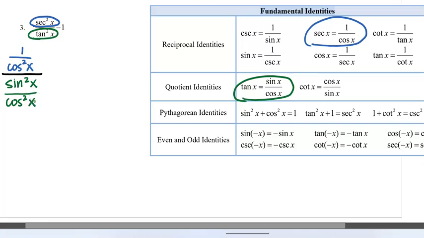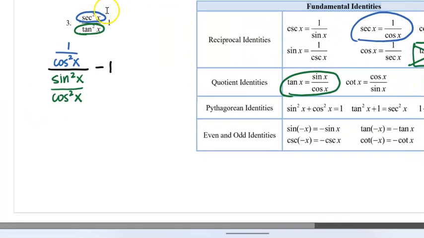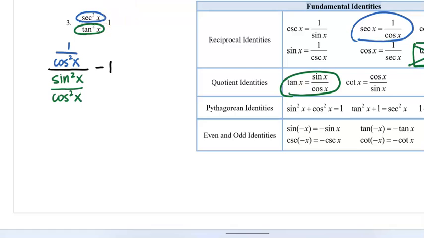And again, remember, for the tan squared, I don't want to use the fact that tangent is 1 over cotangent, because my goal right now is to write everything with only sine and cosine. So I didn't choose the 1 over cotangent because I want to see sine and I want to see cosine. So I brought down my minus 1 that was there. Let's keep simplifying this.